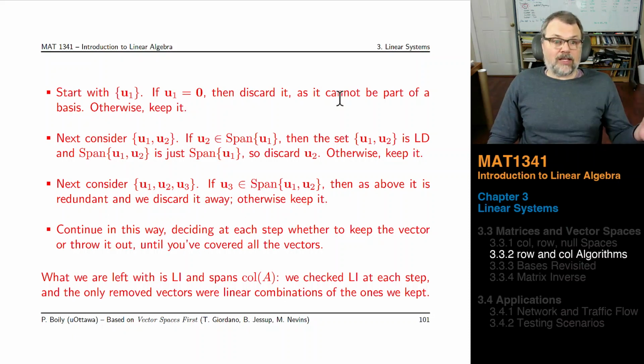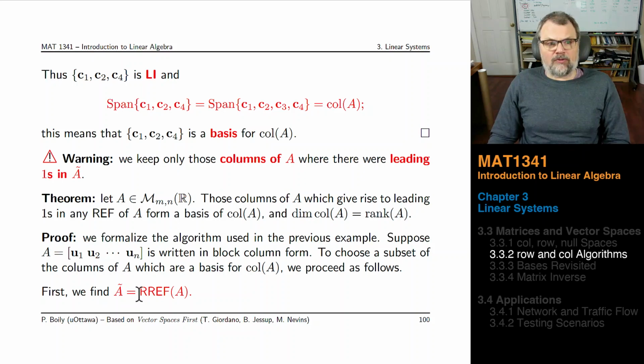At the end of this process, you have only linearly independent vectors that span the column space. Now we check linear independence at each step. So the only things that were removed were vectors that were in the span, so vectors that were linear combinations of the ones we kept. But why do we bother finding the row-reduced echelon form of A?